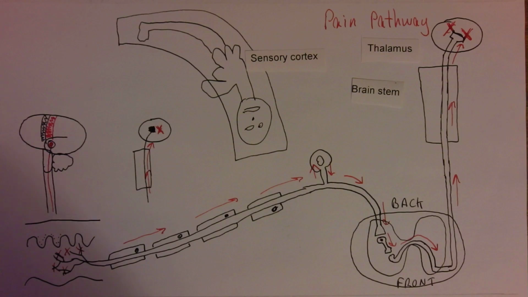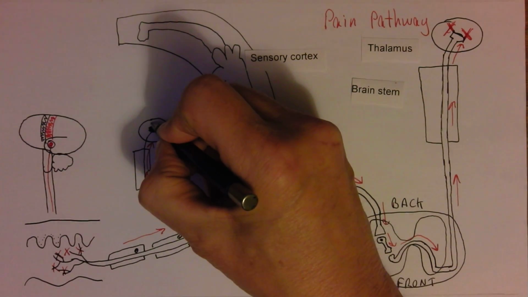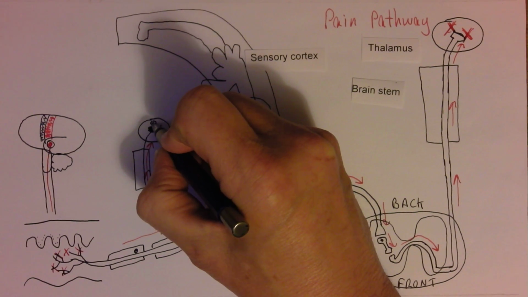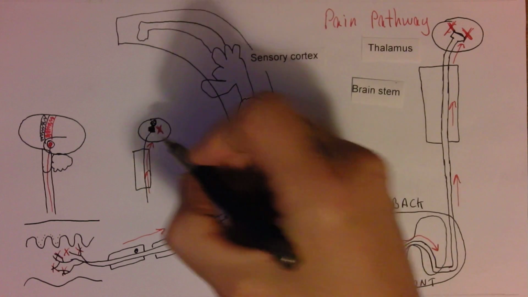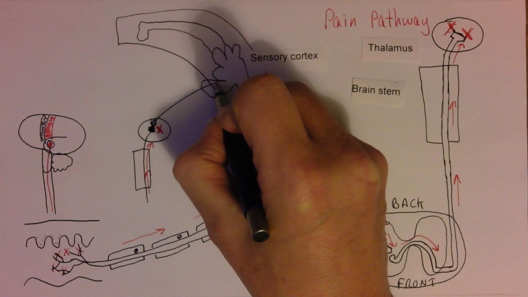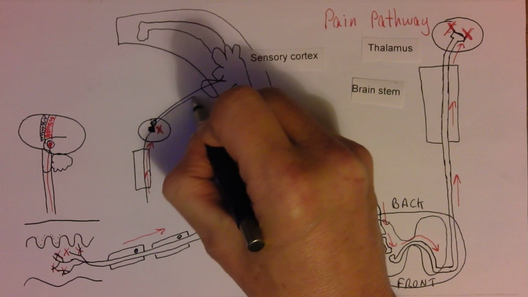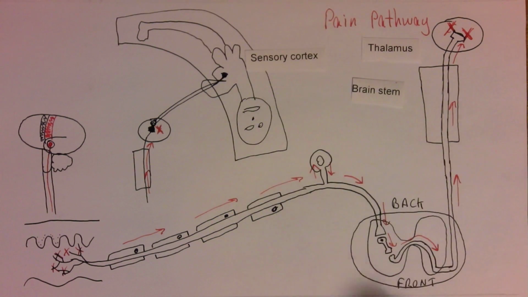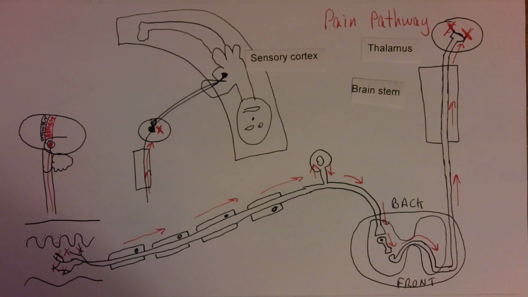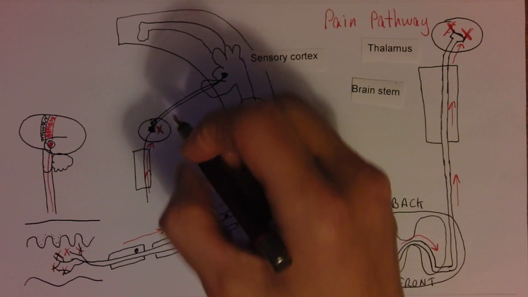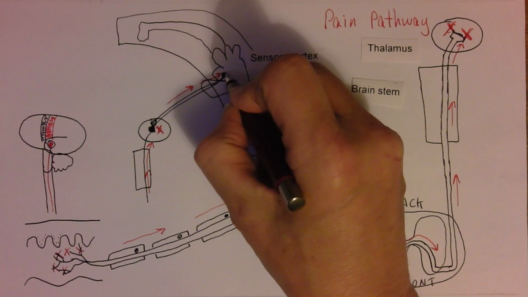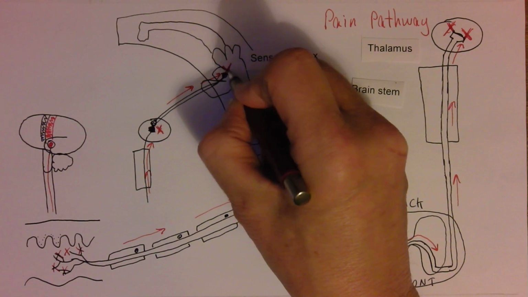So what happens is there's another neuron here, synapses with this one. Actually a little gap in there, there's a little synapse in there. Then this neuron here goes off to the relevant part of the body, off to this finger, for example. So if you like, the pain is sent from the thalamus where it's generated to the appropriate part of the body where the pain is experienced, and you can say, oh, I've got a pain in my finger.